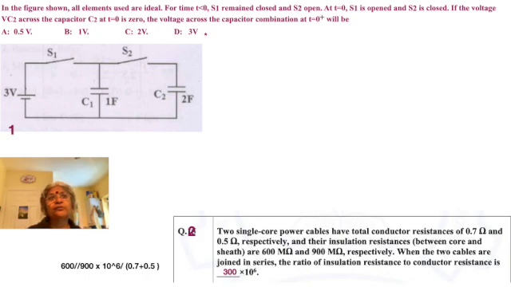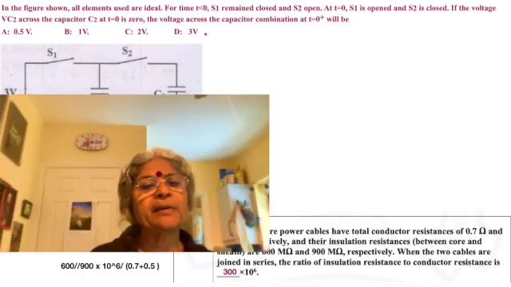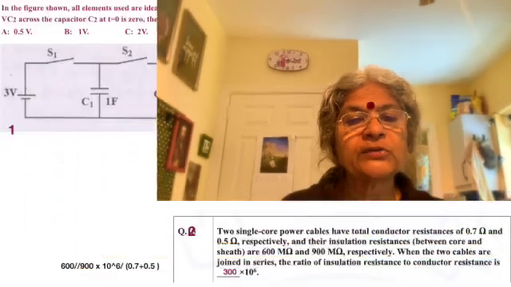Right at this point of time, they are of course series because of the connection, but at the same time, this voltage is in series with the two capacitors. And when you are having series capacitors, it's going to be 1 into 2 divided by 1 plus 2, by 3. So it's a different situation altogether later on. Moving on to question number 2.